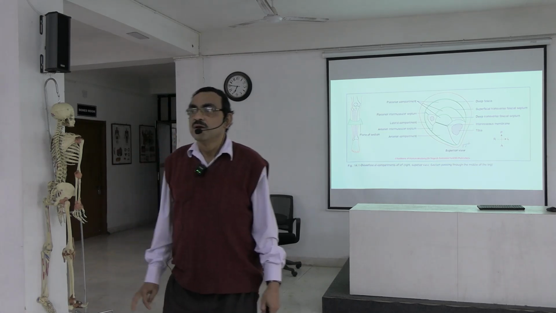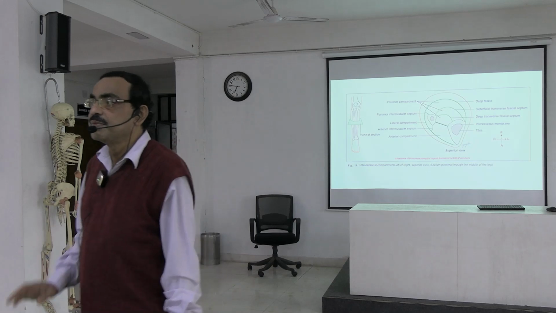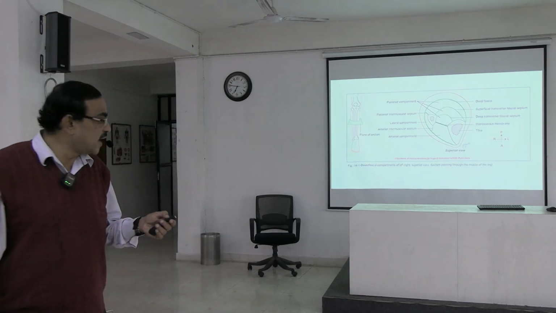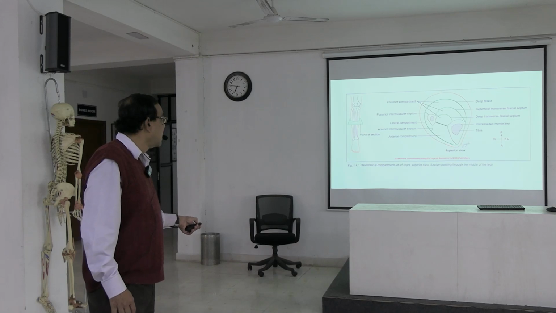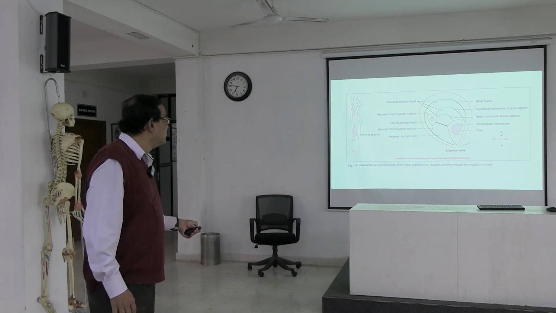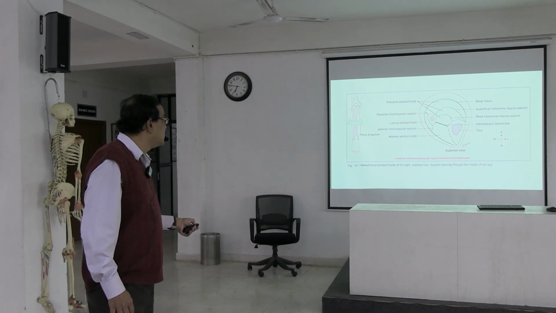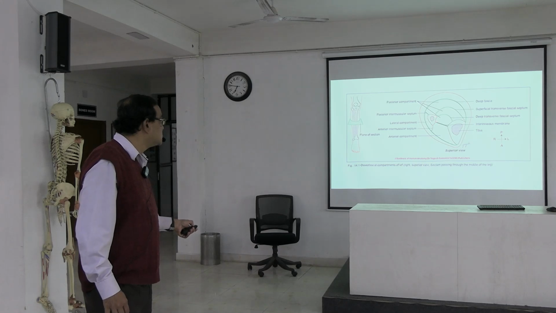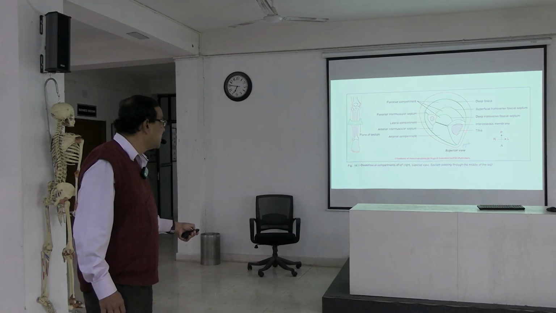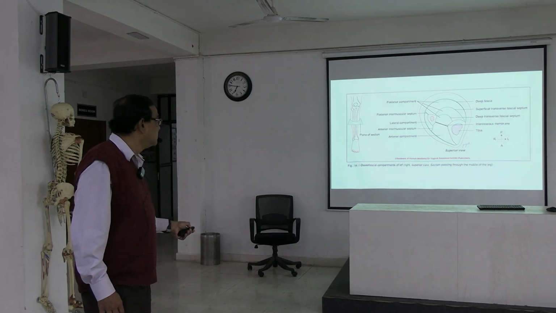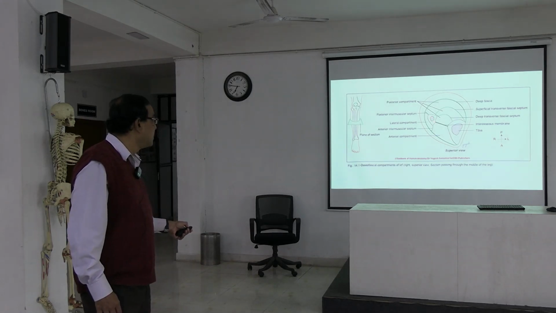So the deep fascia we can find here, the green one is the deep fascia. In the deepest layer, medially we can find the tibia and laterally this is the fibula.